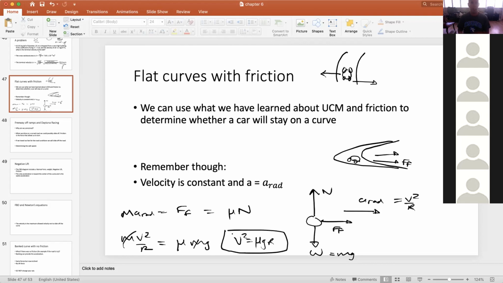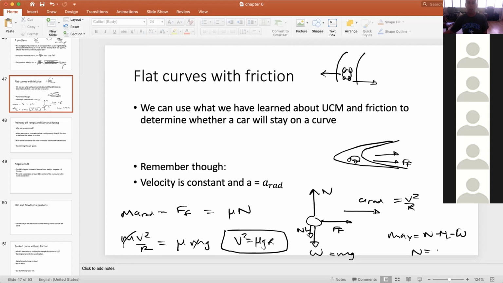Now your book talks about something called lift. Lift is just an additional force that pushes down on you. They call it negative lift, so that your normal force is actually now, this equation becomes m a_y is N minus negative lift minus weight.